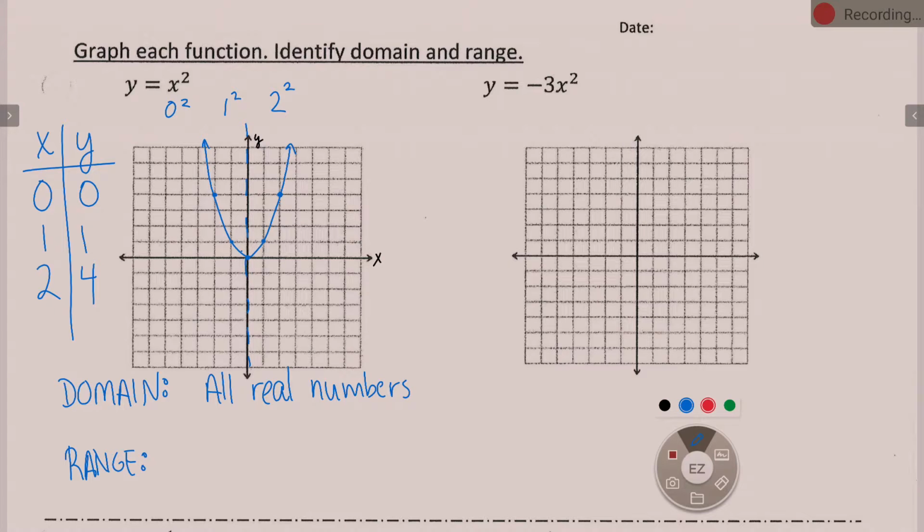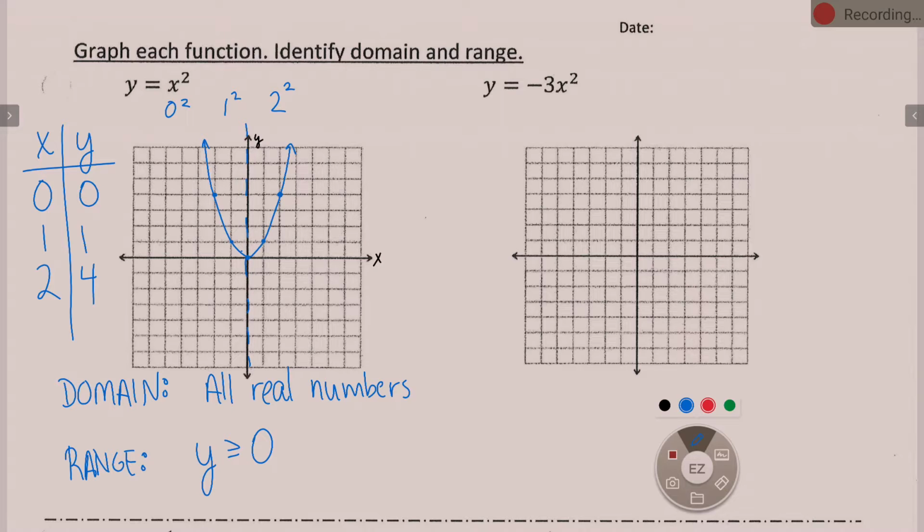Did we have any numbers below 0? No. And will we have any numbers below 0? No. So my range is going to be the y values that are above 0. To say that, I can use an inequality symbol: y, because we're talking about y values, greater than or equal to 0.